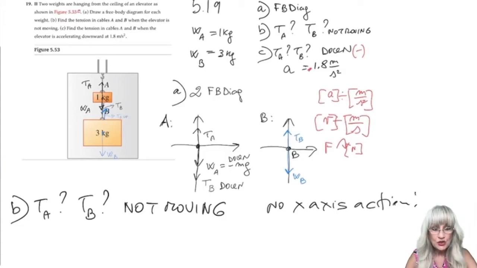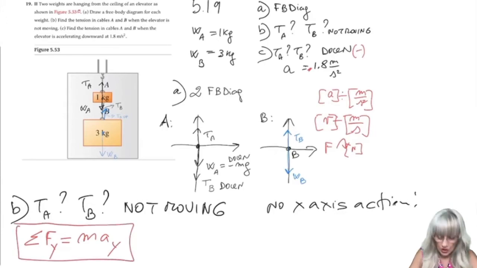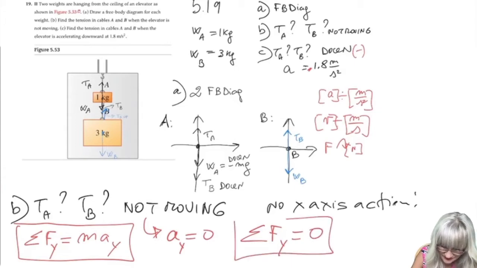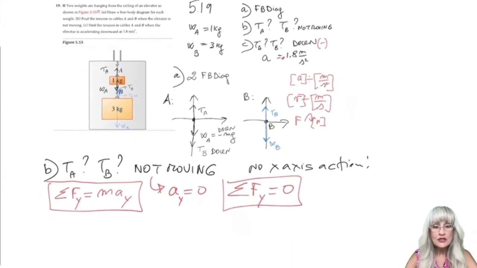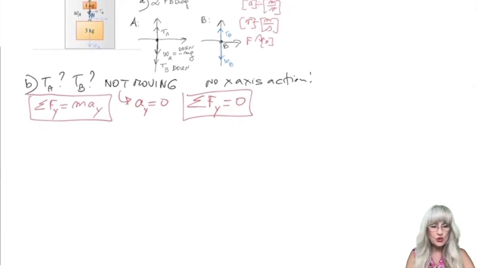So we need to use what Newton says: the sum of all vertical forces equals m a y. We know it's not moving, so this a of y is 0. So this is the equation I'm going to plug in. Again, there are two objects, so I'm going to do two different implementations of this important concept independently.